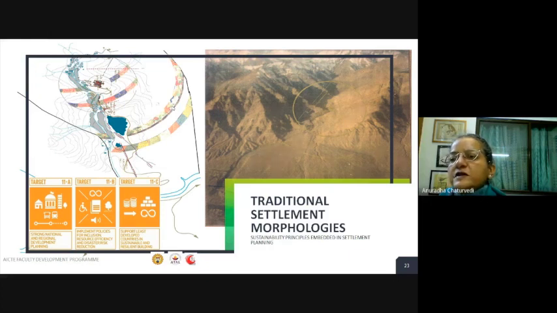So it is through the study of these kind of traditional settlement morphologies and the traditional knowledge which is embodied in those settlement morphologies that our heritage resources can help in implementation of policies relating to resource efficiency and disaster risk reduction.